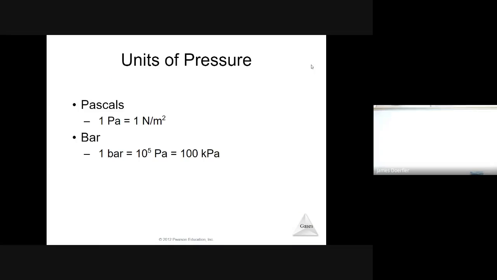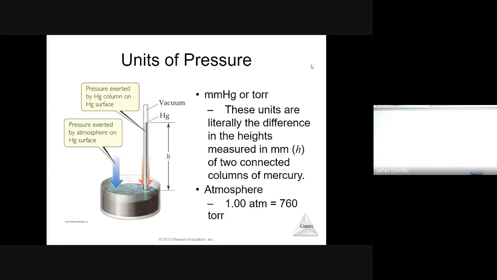So let's talk about units of pressure that we are going to talk about throughout this chapter. The first is the Pascal, where 1 Pascal is equal to 1 Newton per meter squared. Now, I have a slide here that is going to give you a complete summary of all these pressure units, and these are what our conversion factors are going to be. So we've got Pascal, we've got bar, we have millimeters of mercury, or what we also call torr, T-O-R-R.